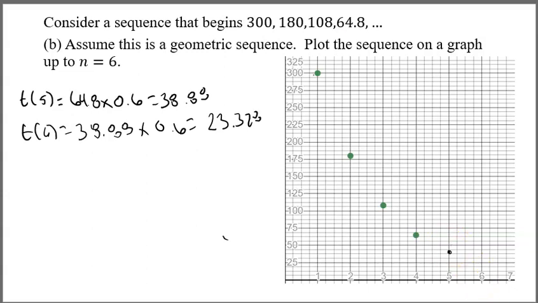Notice how, if I were to connect the dots, it forms an exponential function. So geometric sequences, when graphed, should look like exponential functions. This is the term number, and this is the value of the term.